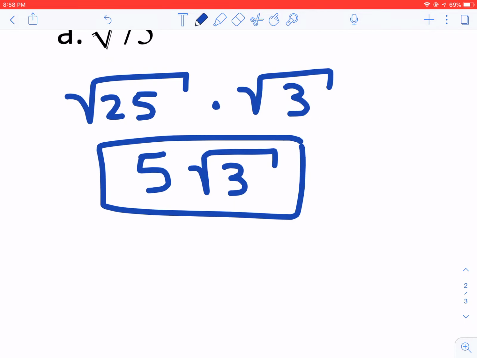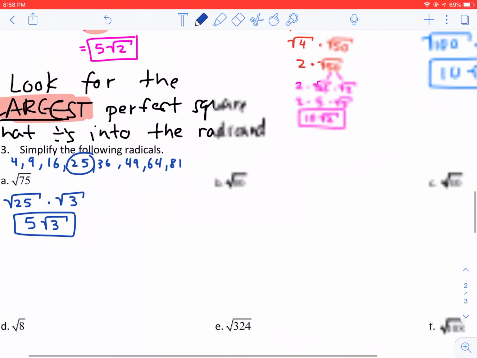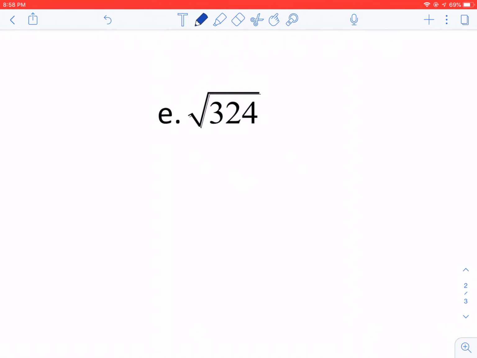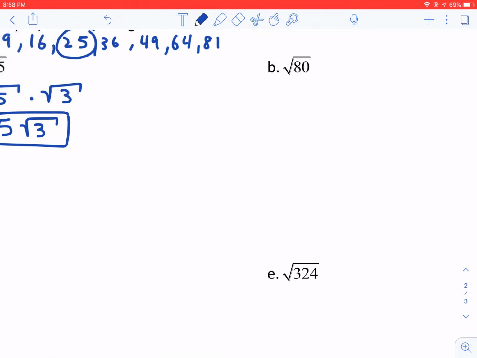Let's try another one like square root of 324. So I actually don't even know myself what divides into 324. So let's start with a bigger number.